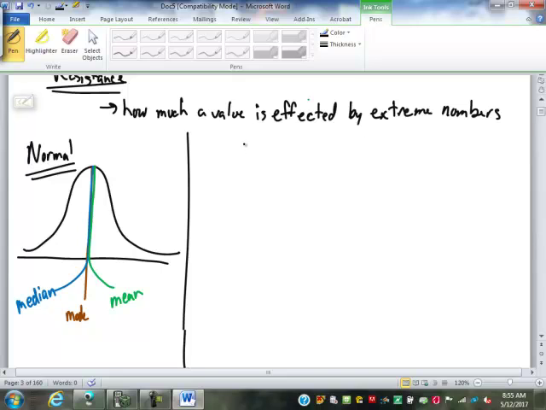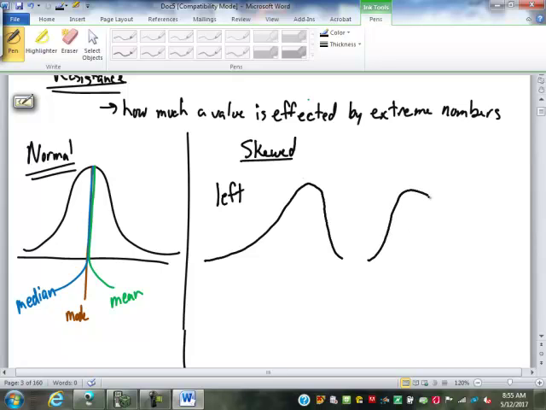If the data is skewed, and what skewed means is it's just lopsided one direction or another. This here would be what we would call skewed left. This here would be called skewed right.